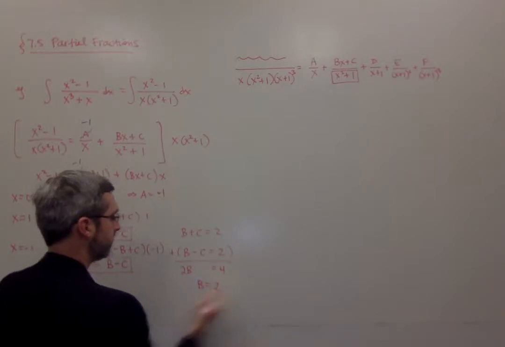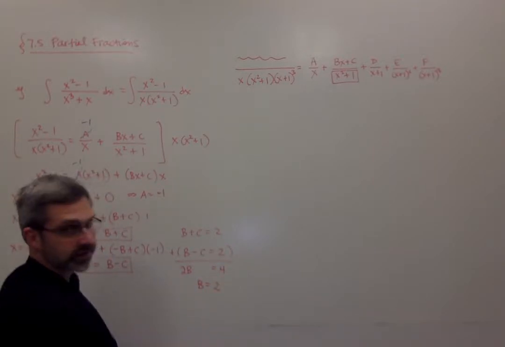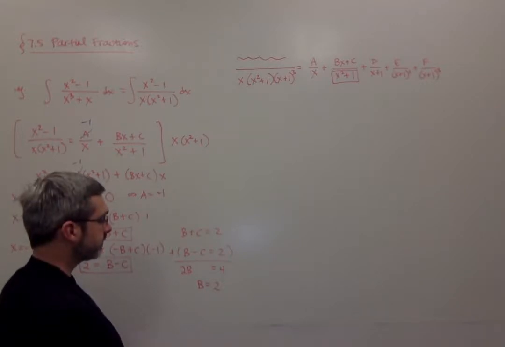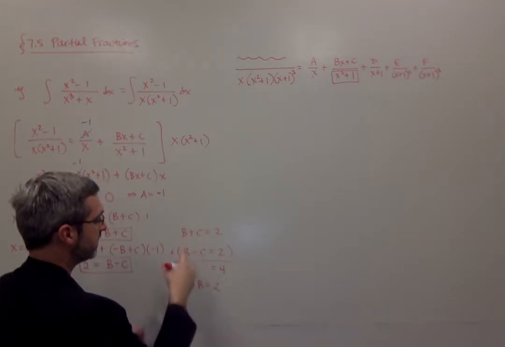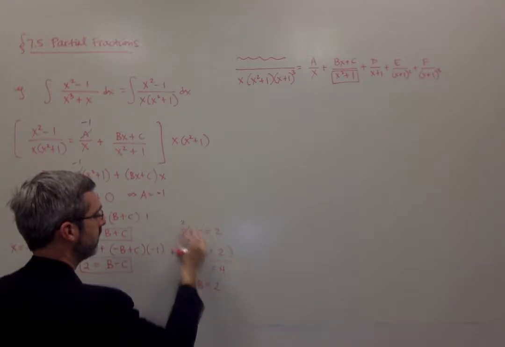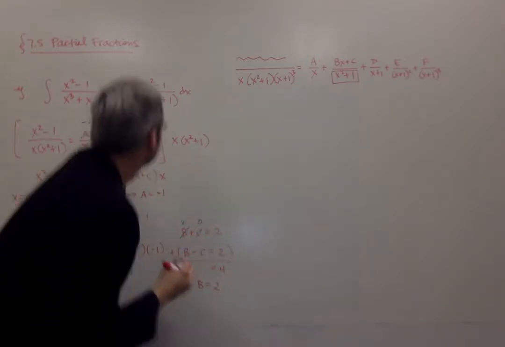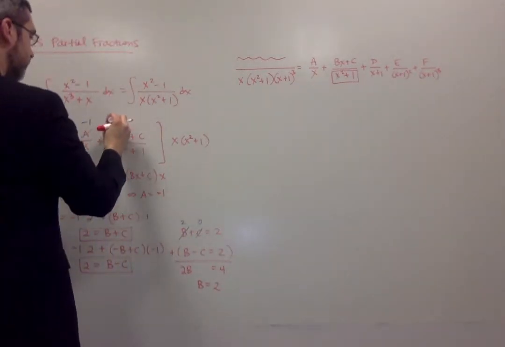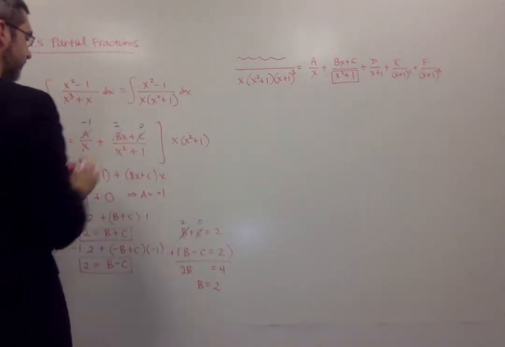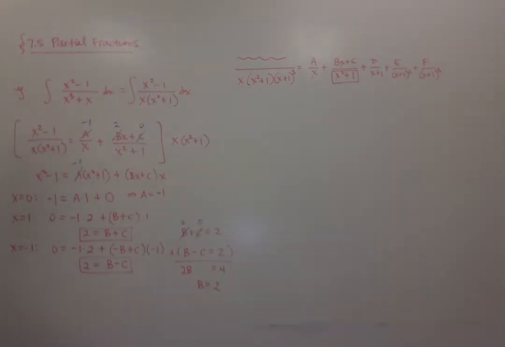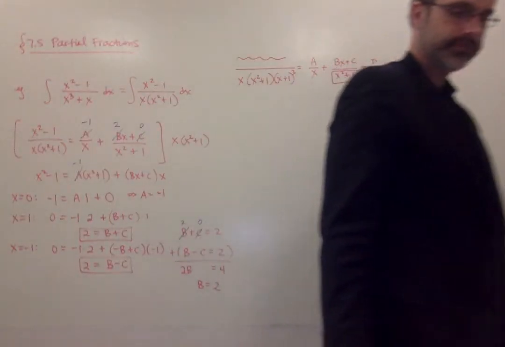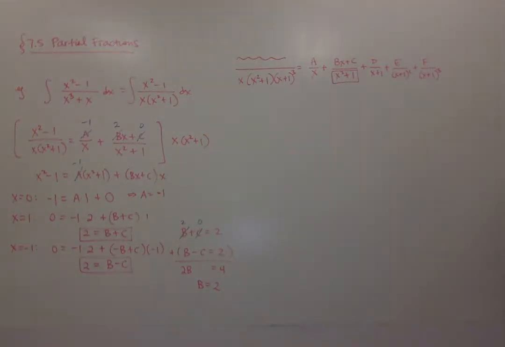So B is 2. Remember solving simultaneous equations? And if B is 2, you can see that C is going to have to be 0. So B is 2 here, and C is 0 here. Got it? And everybody follow? All right.